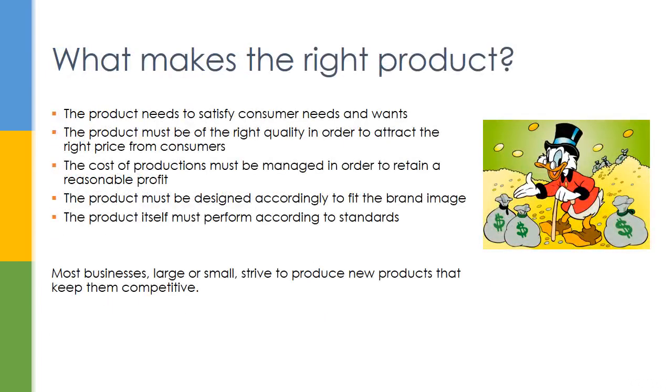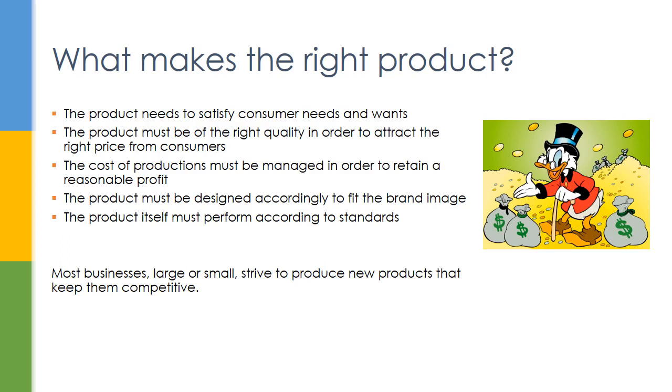So we move on to understanding what makes the right product. This is the $1 billion question that everyone wants to know. When we look back at what a business is, an organization that tries to identify and satisfy consumer needs and wants, a product has to satisfy the consumer's needs and wants.